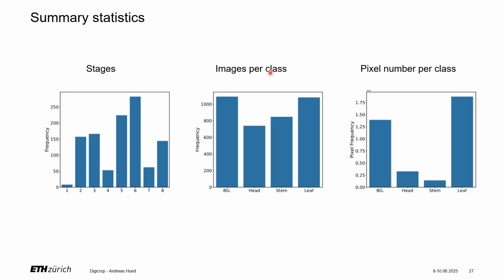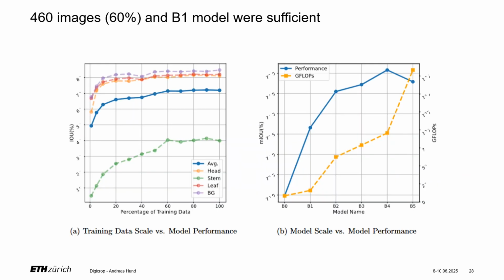And then we are looking into classes, so we sampled quite a substantial number of different stages. We selected equal frequency of heads, stems, and leaves in the images. Only with the pixel class, the stems and the heads were not so widely visible in the image, but of course, that's an image feature.